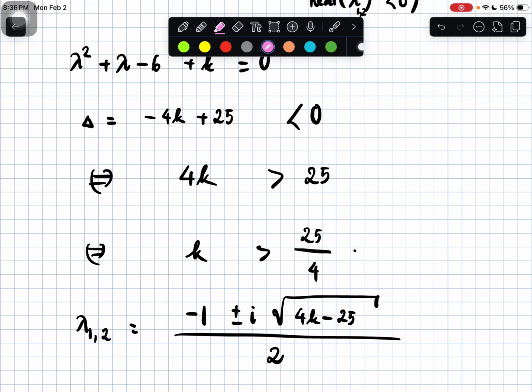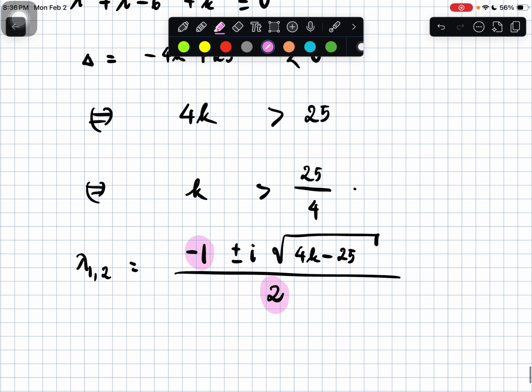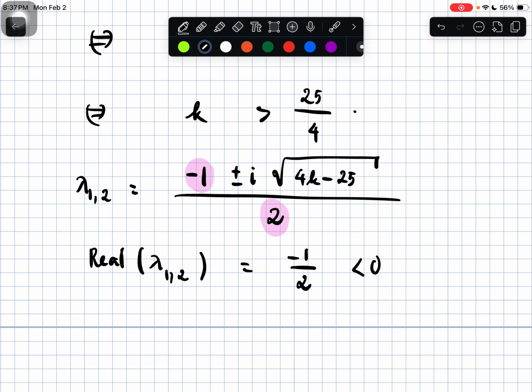The real part, minus 1 divided by 2, is always negative, so we know that the real part of lambda 1 and the real part of lambda 2, minus 1 divided by 2, is negative automatically, so it doesn't depend on k. So the only condition we need is k bigger than 25 divided by 4.